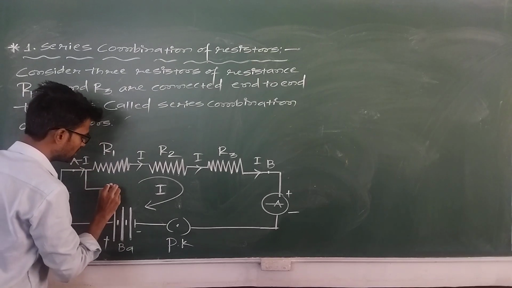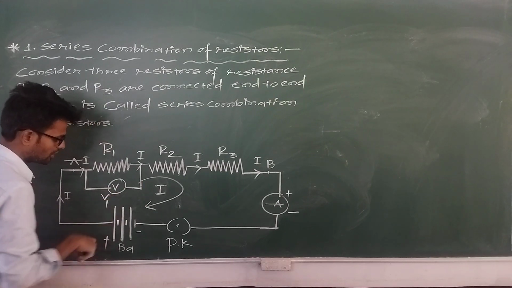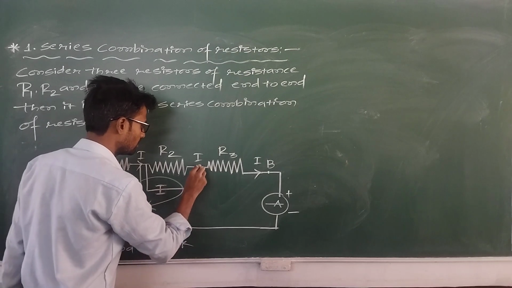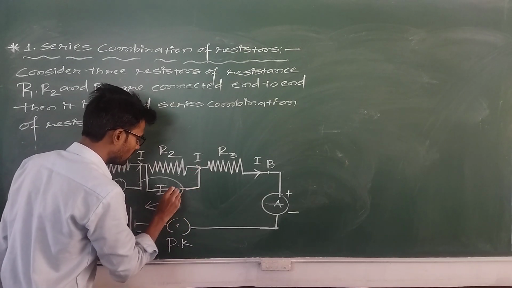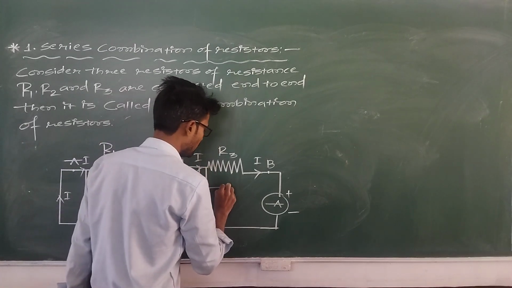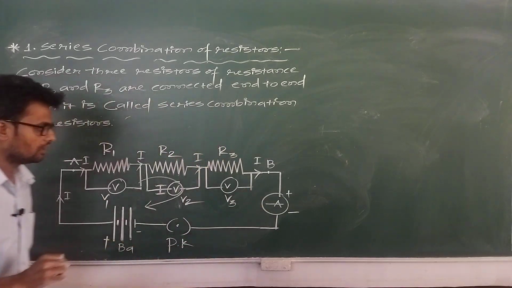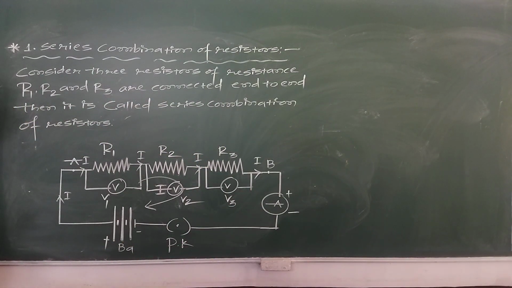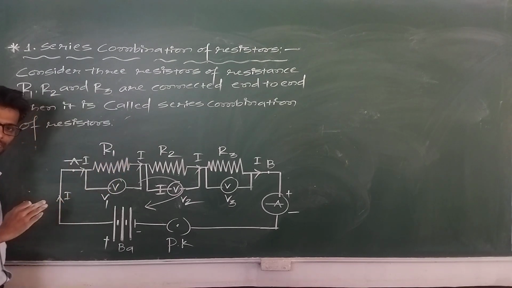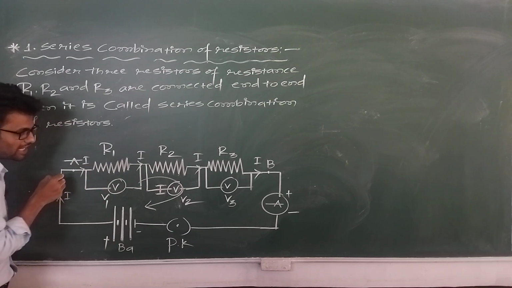So here the potential difference is V1, here V2, and here the potential difference is V3. Things to remember: when resistors are connected end to end, or in series combination, the current flowing in each resistor is the same.